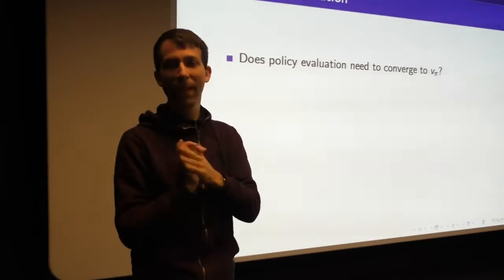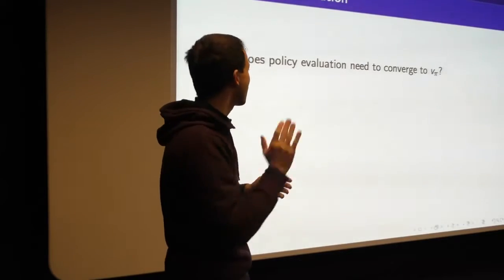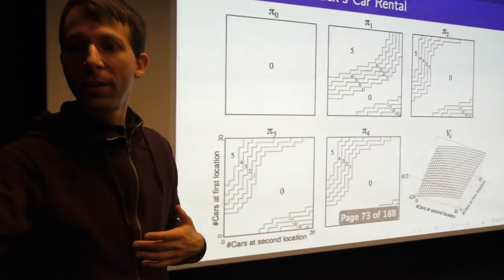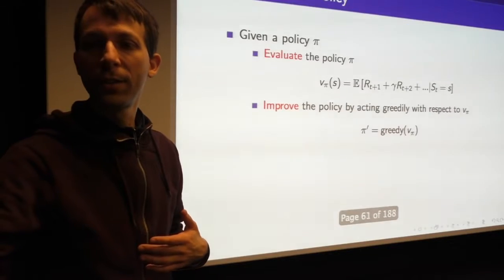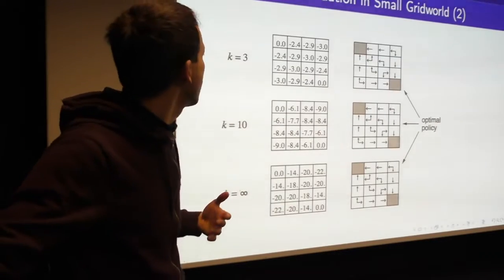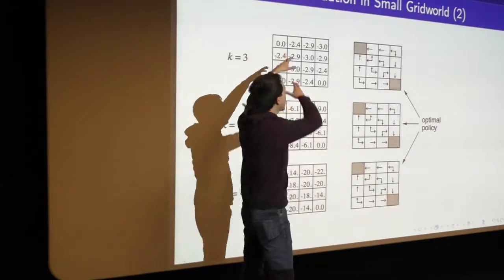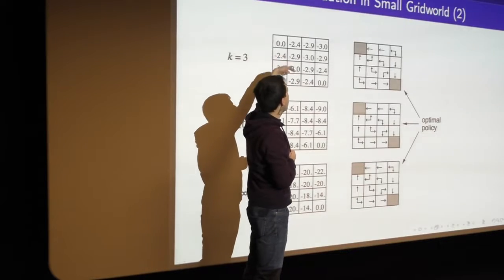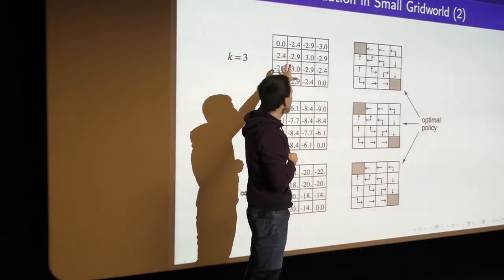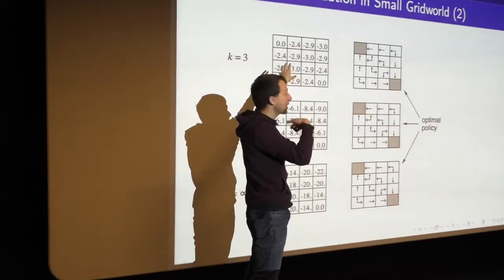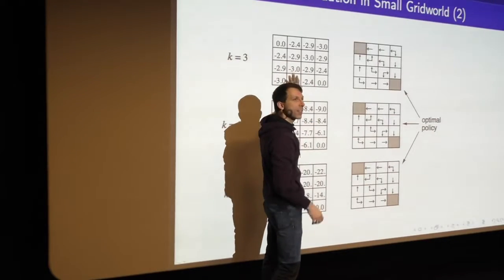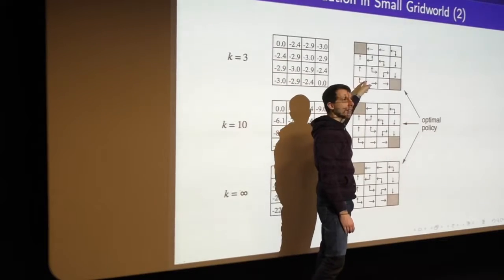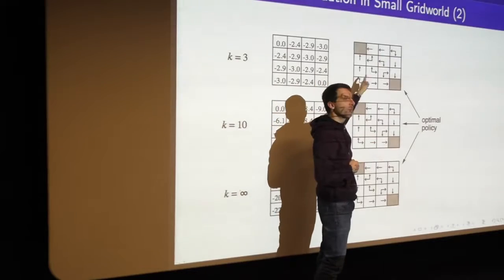There was a great question there. If we go back to our example of the small grid world, we saw that even after doing a very approximate job of figuring out the value of our policy, even if you didn't figure out exactly your V pi, even if you just did a few iterations of your Bellman expectation equation, you got a very crude estimate of how good each state is, and acting greedily with respect to that was already enough to come up with a much better policy.